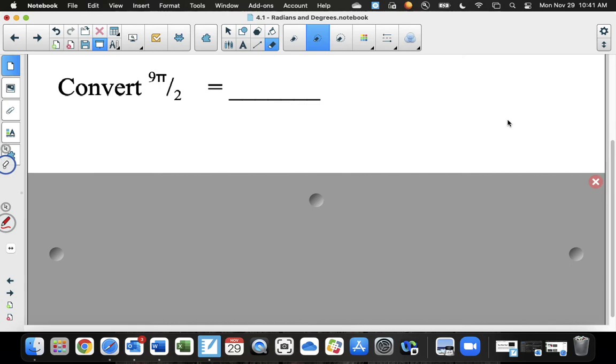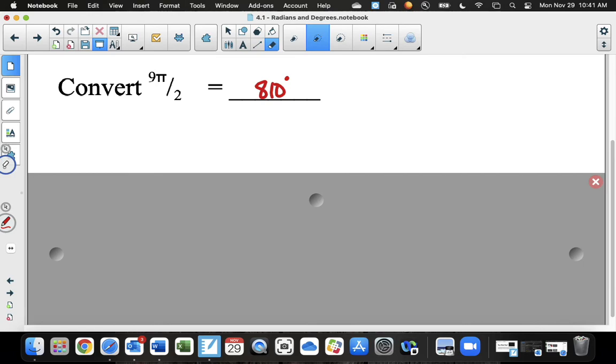What'd you get? Should be big. 810, yep. Should be 810 degrees. Easiest way to do it, take the pi out, put 180 in. 9 times 180 divided by 2 gives you 810.